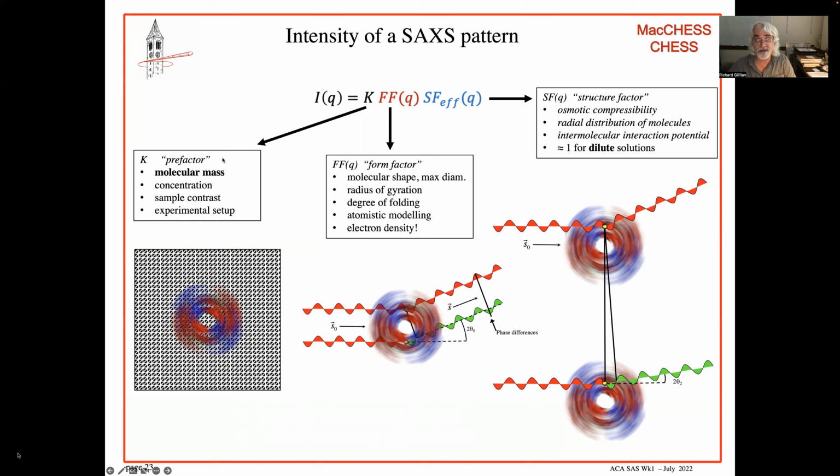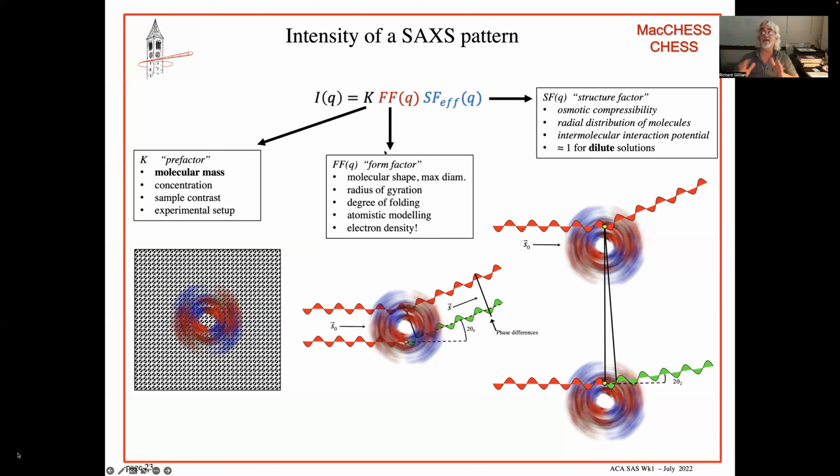It does not depend on scattering. It tells you about the molecular mass of your sample, the concentration, the sample contrast, which you'll learn about later, and things in the experimental setup, like how many photons are coming through the apertures. You'll hear a lecture later on how to get things like molecular mass from that.